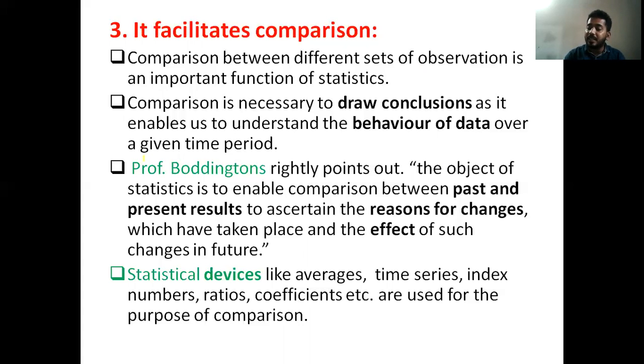There are some statistical tools and methods for comparison, like averages, time series method, index numbers, ratios, and coefficients. These are the different mathematical and statistical tools and methods. By using them, we can make comparisons between two different sets of data.